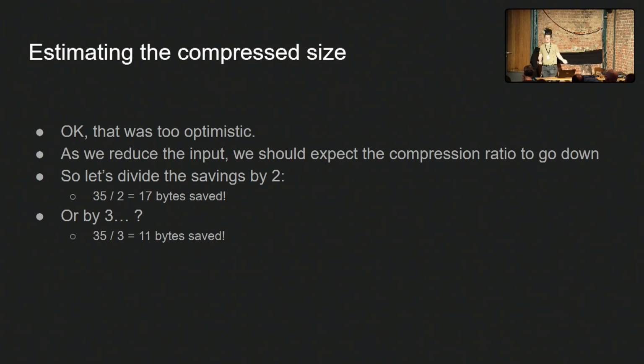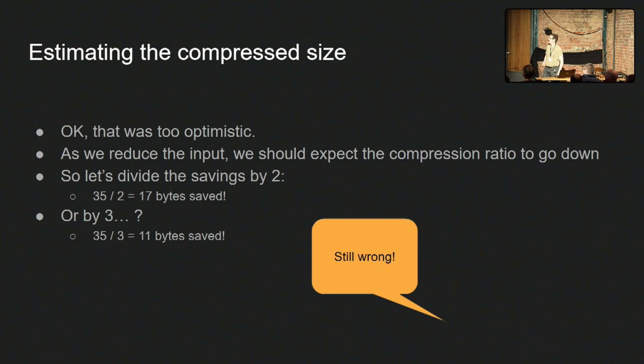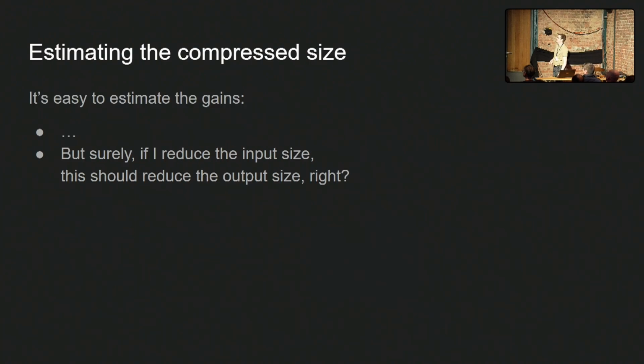Like if we remove some of the overhead, the rest will compress maybe not as well. So I thought, well, what if we just divide that number by 2 or by 3, and that's like 10 bytes that would be saved? And that's also another estimation that's just wrong. It's not working like this, it's kind of more complicated and sometimes frustrating.